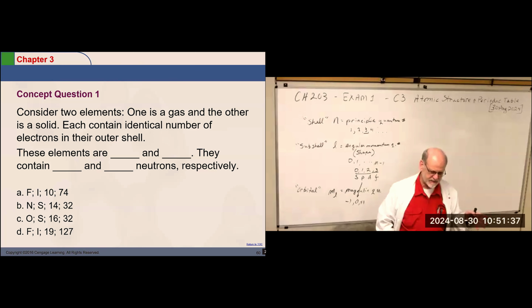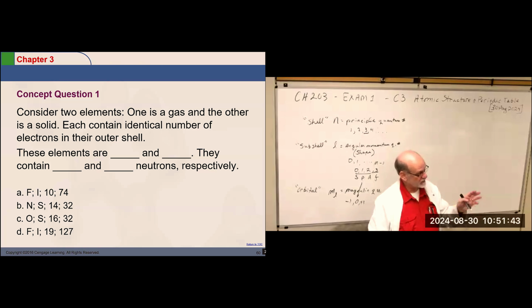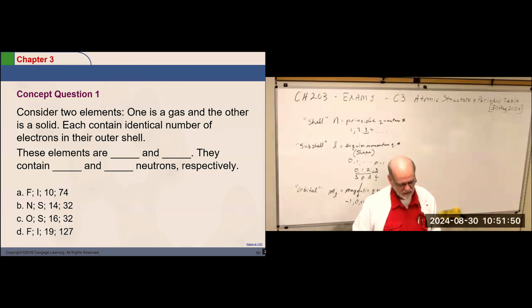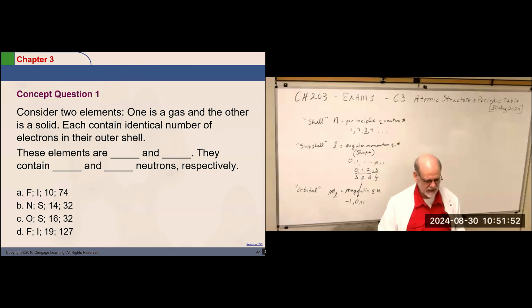So consider 2 elements. One element is a gas and the other is a solid. Okay. So we know that the gas is going to be a non-metal, and the solid could be a metal or a non-metal, either one. Each contains an identical number of electrons in its outer shell. Oh, that means they're in the same group, doesn't it?